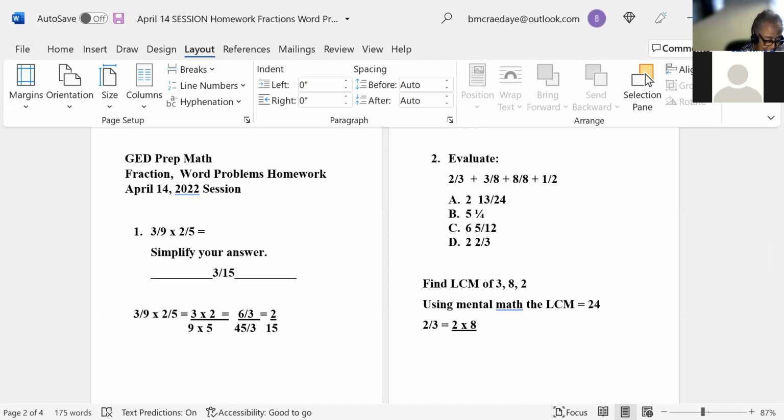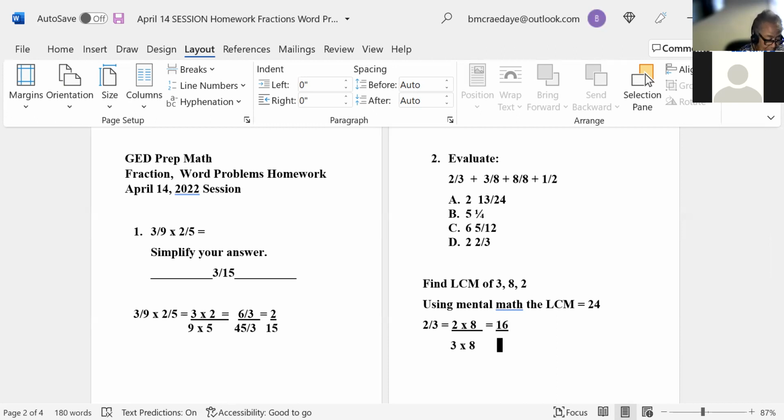3 times 8. And that would give us what in the numerator, Vanessa? Okay. 2 times 8 is 16. That's right. And so that would be 16 over what? 24. 16 over 24. But then it can reduce.